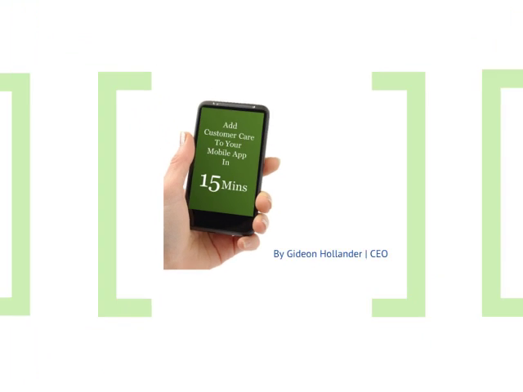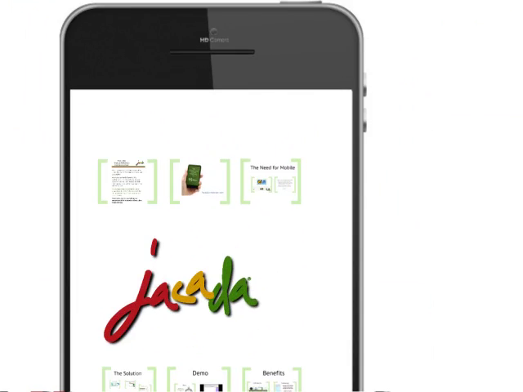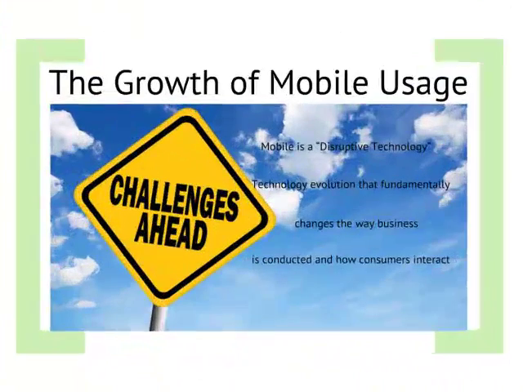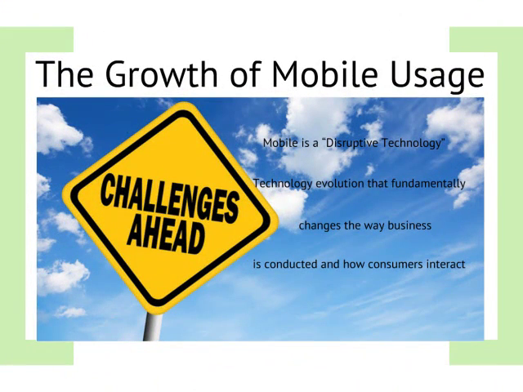Every once in a while, a technology evolution occurs that fundamentally changes the way business is conducted. One such technology evolution is the rise of the smartphone and mobile devices. Not so long ago, we struggled with text entry on our phones. If you remember pressing the digit 2 three times to get the letter C, it was just not long ago.